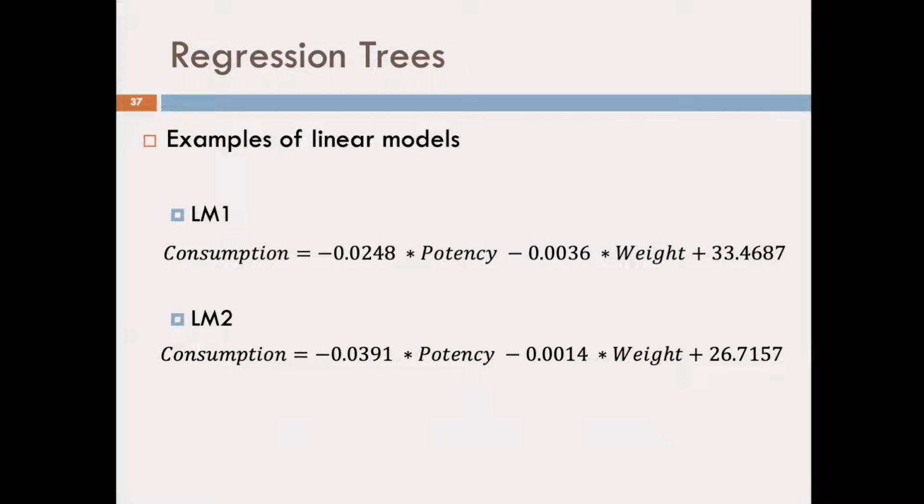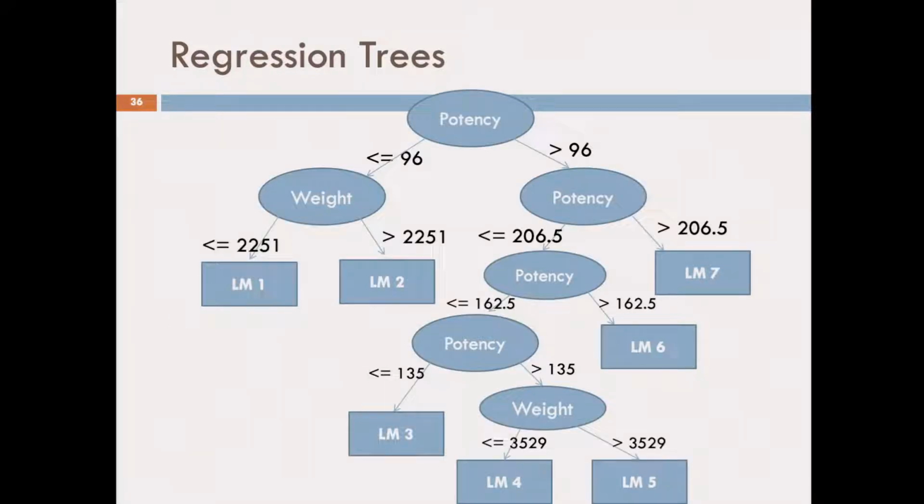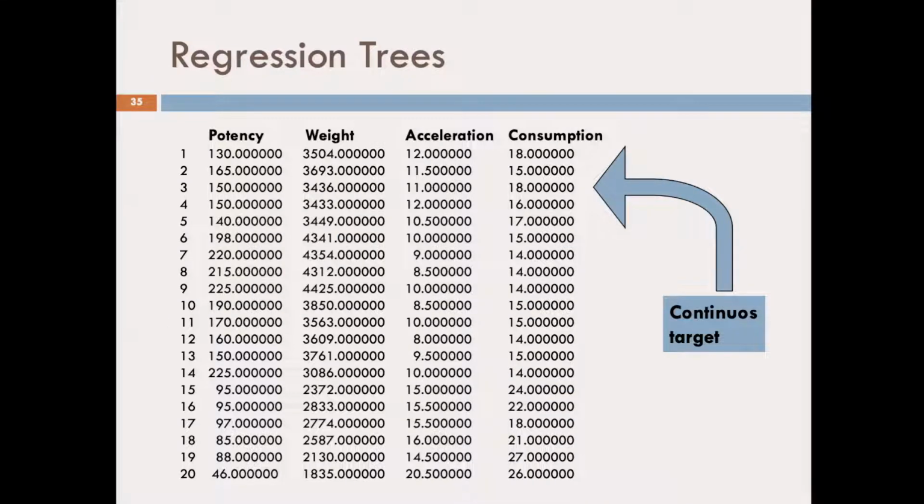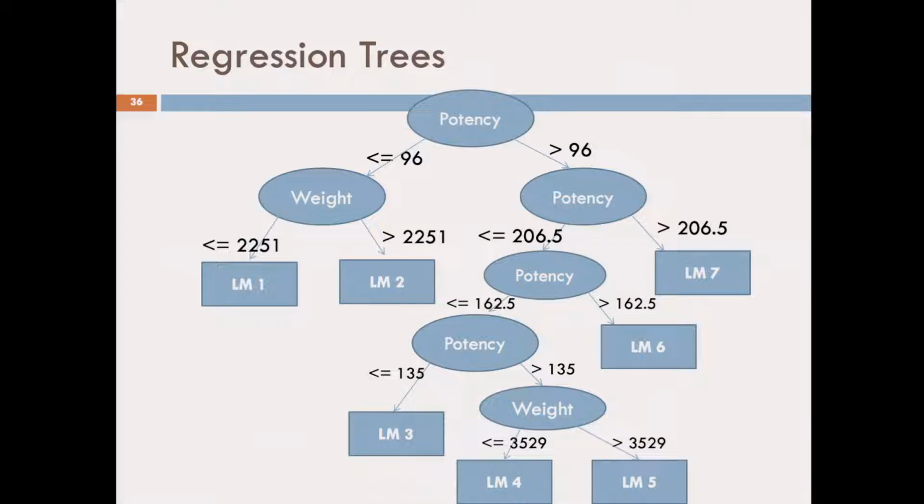We try to avoid overfitting by doing what we call pruning. That's one of the things we do to avoid overfitting. After constructing the tree, let's get back here to the tree. We can get the tree and evaluate it on a validation data set, for example, or even the training data set.